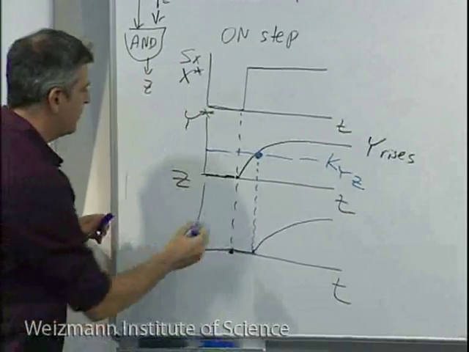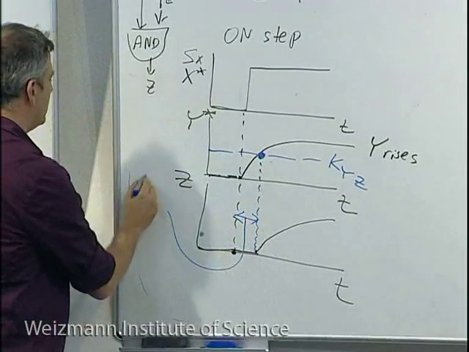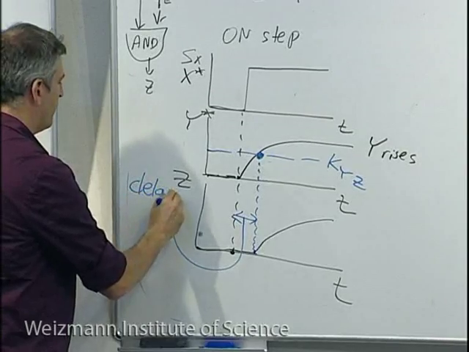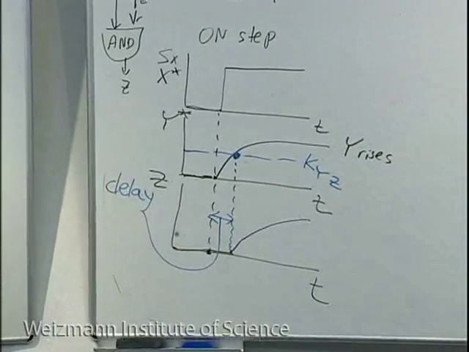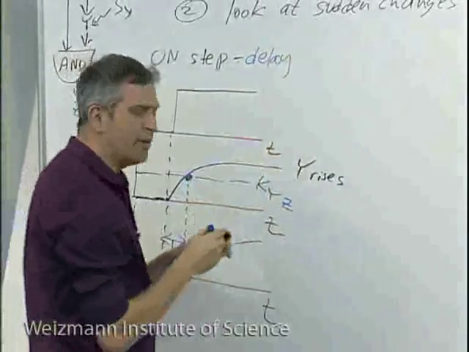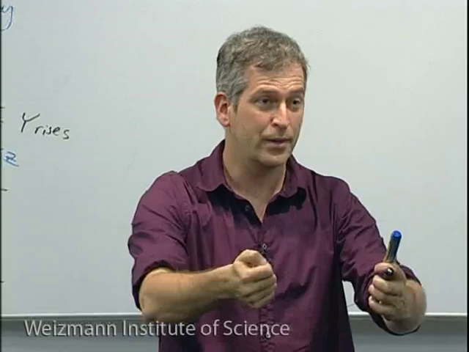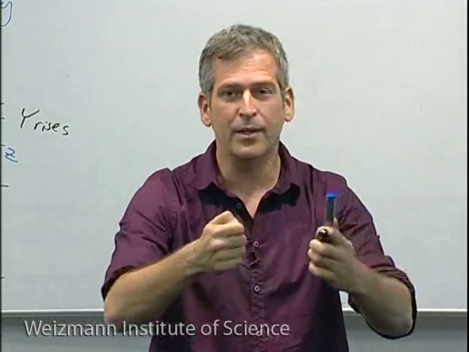Therefore, what we see here is a delay. So there is a delay after on steps, and just very intuitively, we have an AND gate between an immediate and a delayed response. This AND gate waits for both of them, therefore there is a delay.